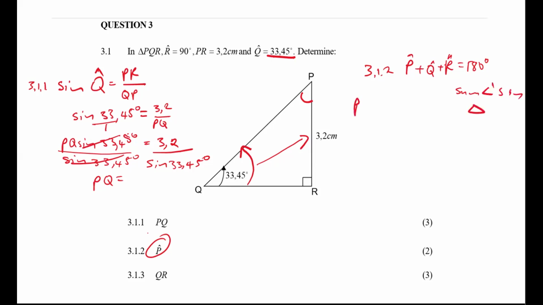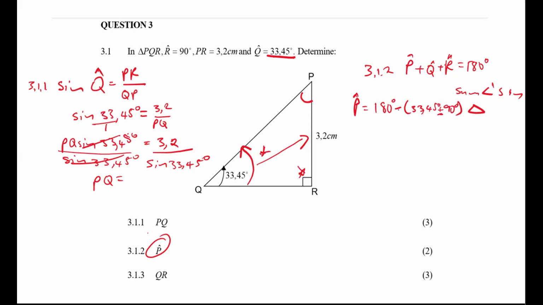So P will be equal to 180 degrees minus 3,45 degrees plus 90 degrees. Remember, I'm saying plus because it's going to be affected by that negative. So it's 180 minus this angle and this angle.